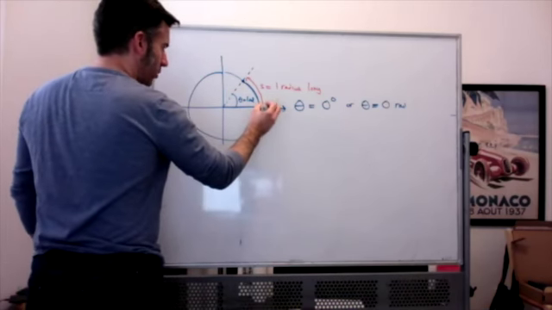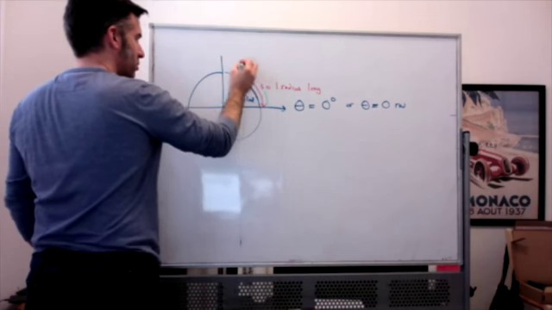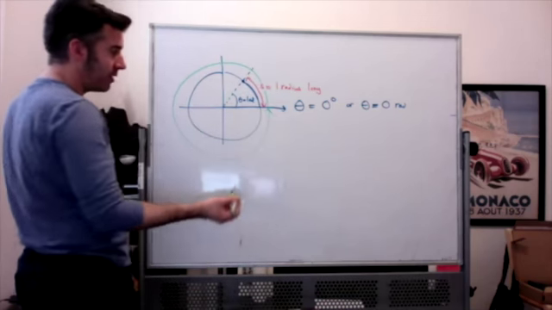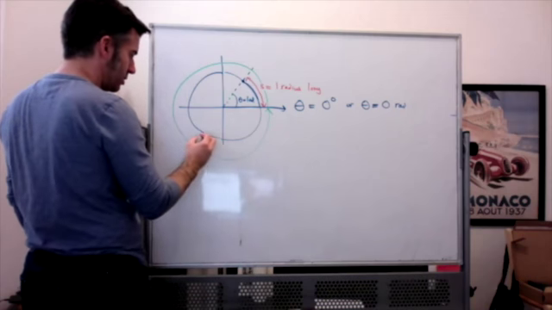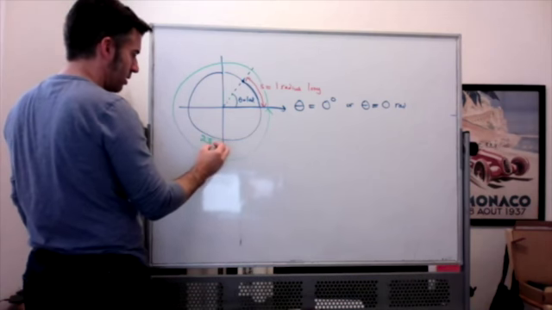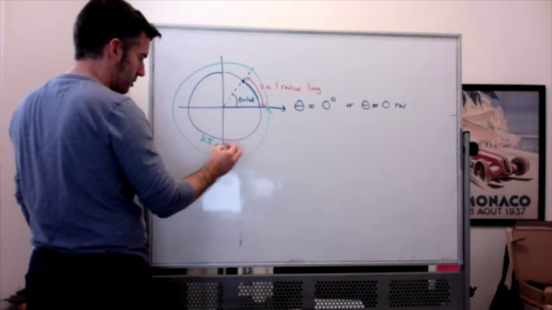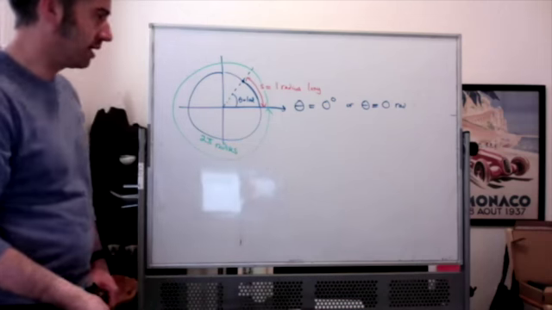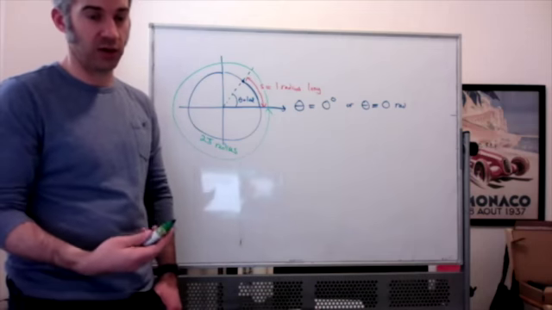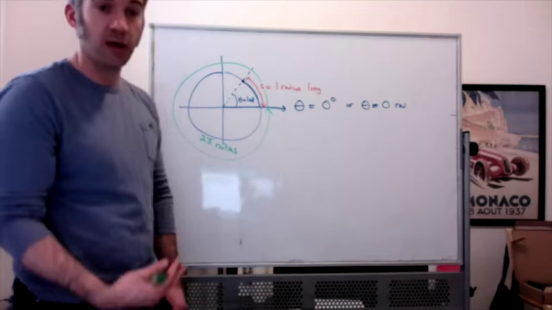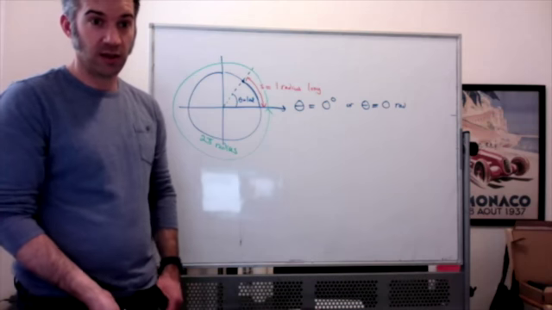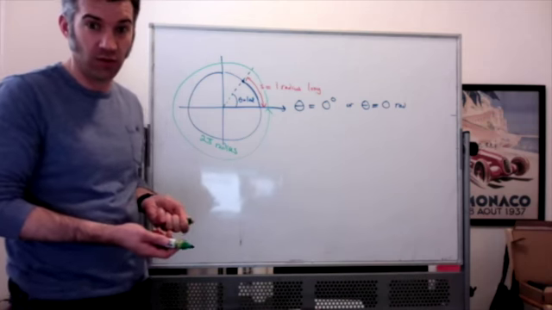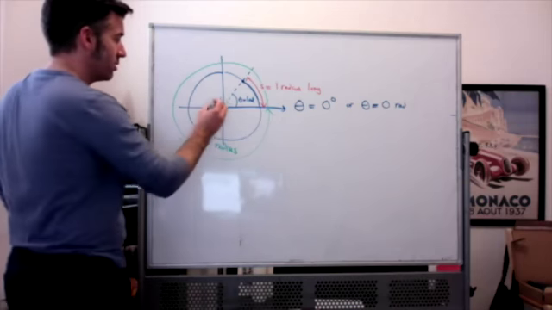If you go all the way around, well, that length is 2 pi radiuses. The circumference of the circle is 2 pi times the radius. So there's exactly 2 pi radians worth of angle.